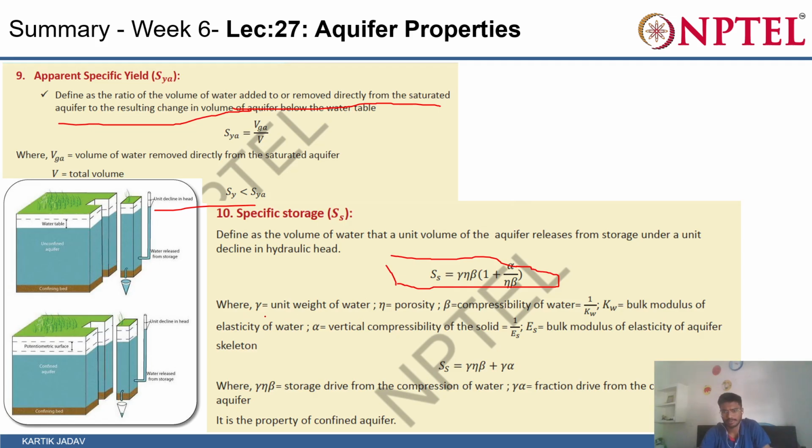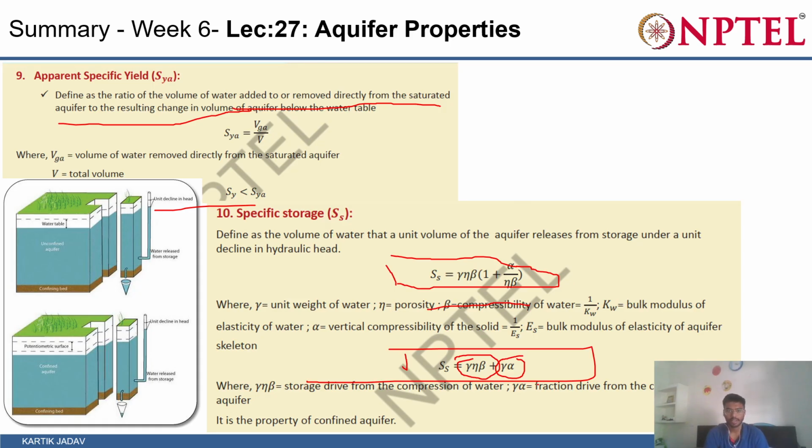Here gamma is the unit weight of water, eta is porosity, beta is compressibility of water, and alpha is the vertical compressibility of the solid or aquifer material, which is inversely proportional to the bulk modulus of elasticity of the aquifer. In general, it is defined as gamma eta beta plus gamma alpha. This component is related to the water, while the alpha term is related to the aquifer material.